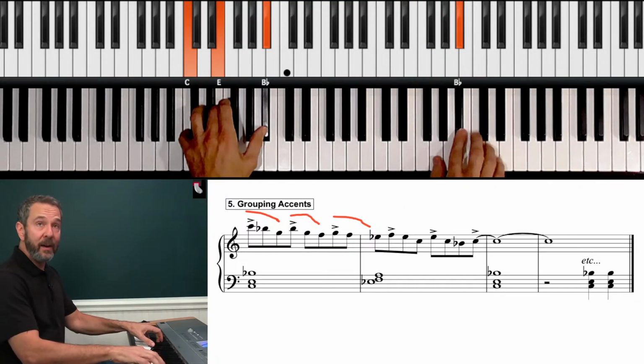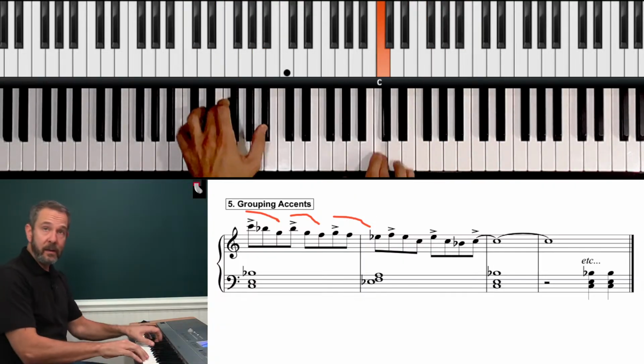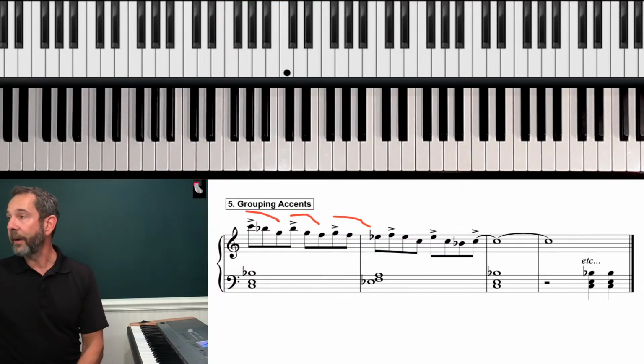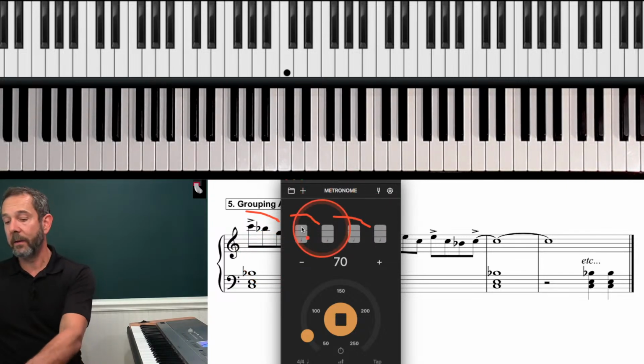So right? So now let's put on, we can also just do this with a metronome as well. Let's do this.